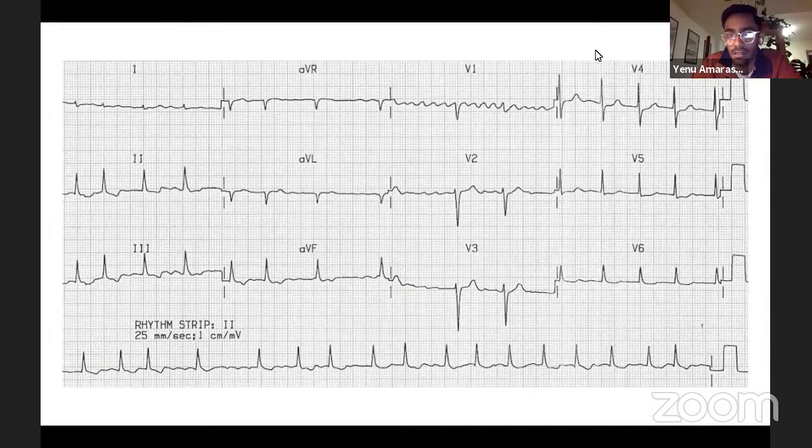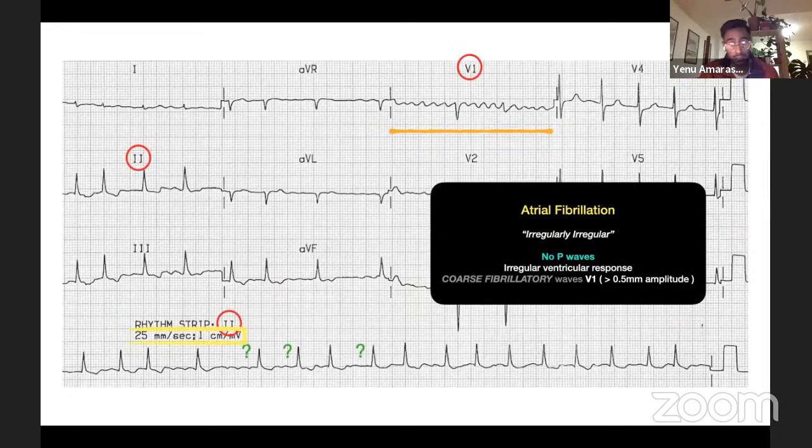Okay, I can see some things coming in the chat. Yeah, everyone who's answered is correct. Yeah, so this is atrial fibrillation.